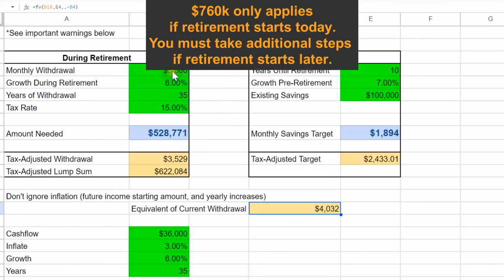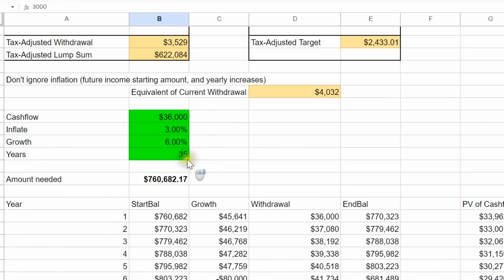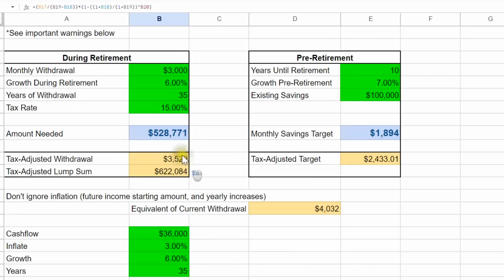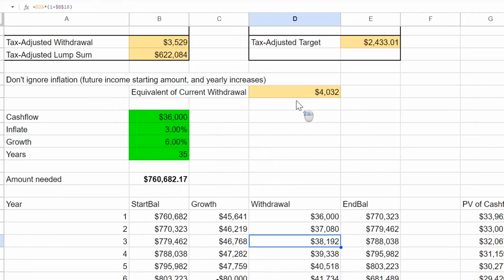But you can see that there's a big difference between if you're doing flatline spending that does not increase month over month or year over year versus an inflation adjusted withdrawal. So this increases by the 3% inflation rate every year. And you can do that with, again, another quick calculation, just multiply, and it continues on and on.